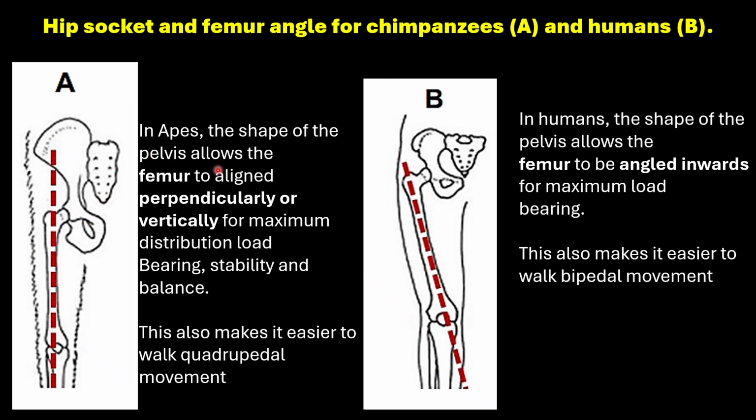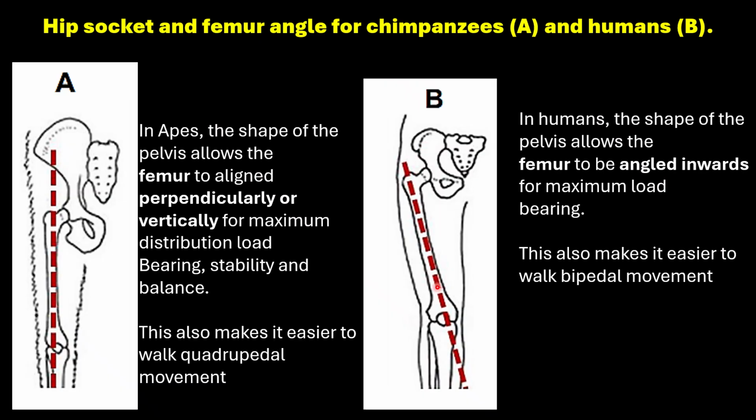The shape of the pelvis allows the femur to align perpendicularly. You can see the pelvis and then the femur, they are perpendicular to each other or vertical. It is to provide maximum distribution of load bearing, providing stability and balance. And it also makes quadrupedal movement easier.